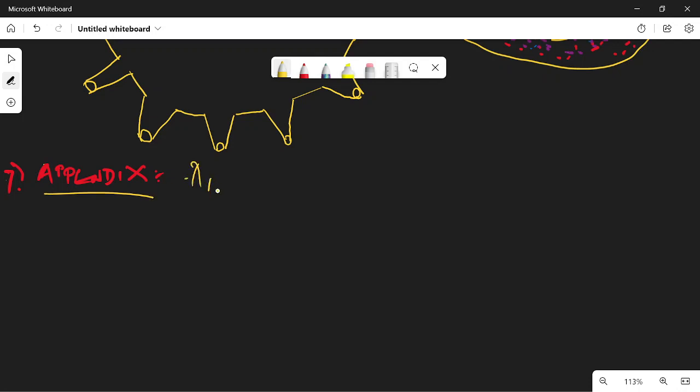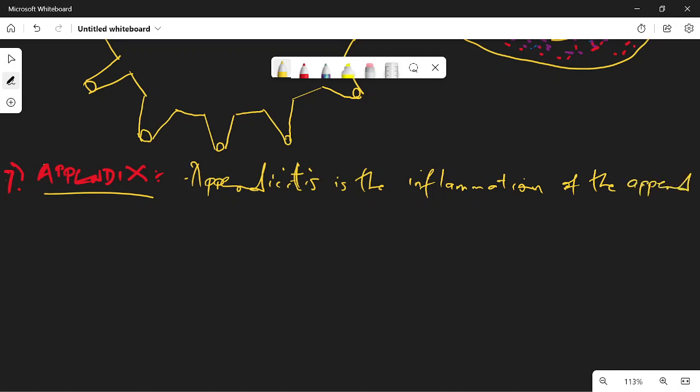Appendicitis is the inflammation of the appendix. Inflammation of the appendix is what we refer to as appendicitis.